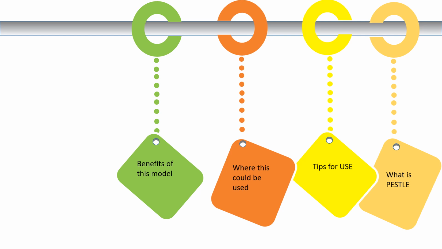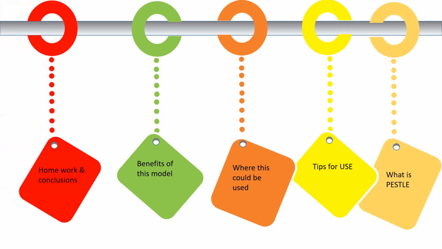We've looked at the benefits of the model. It's a simplistic model, and it could also allow you as a company to spot opportunities. And finally, we've looked at homework, requiring you to look at additional videos that we would like you to see before you go ahead and undertake your own Pestle for your project.